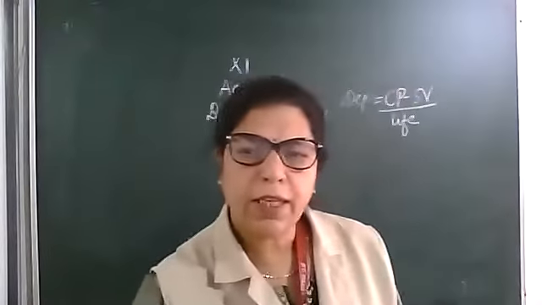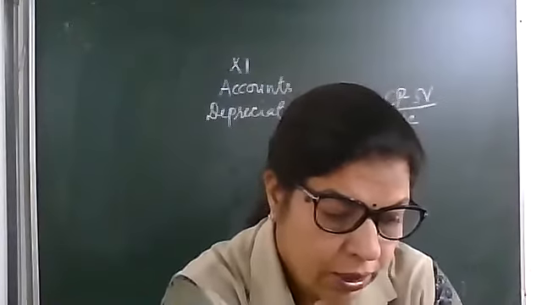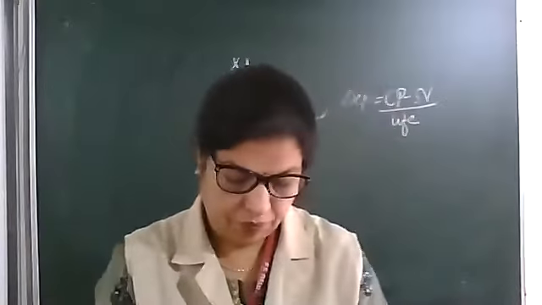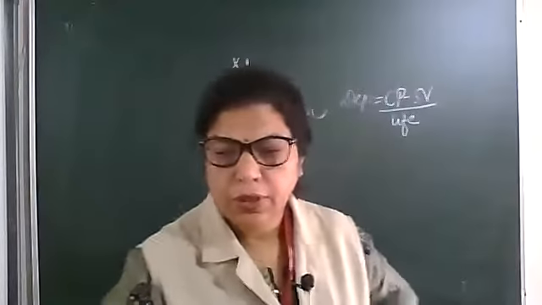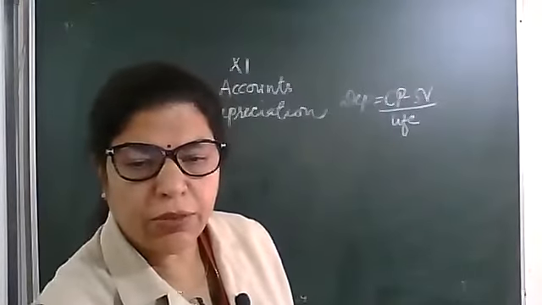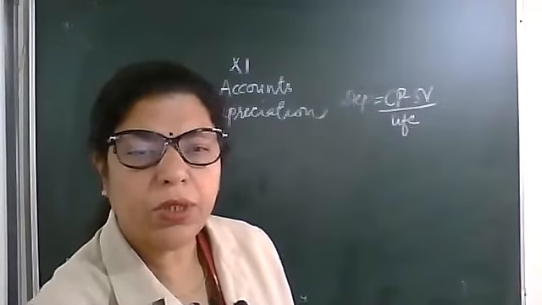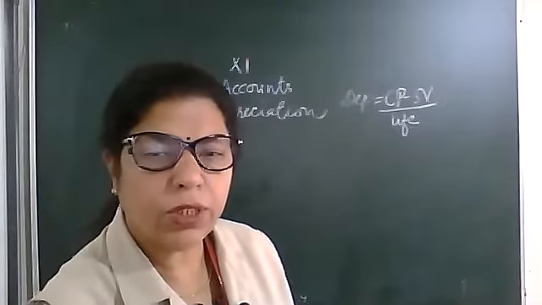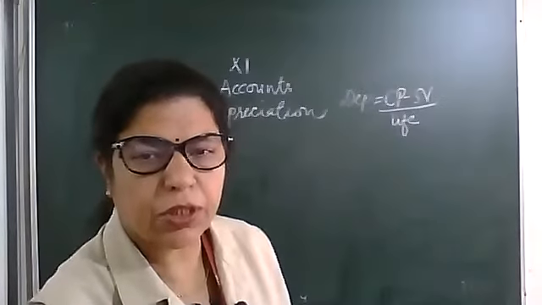Cost price minus scrap value upon life. So you should note down the question, then I will be able to explain to you. Yes, please note down the question, then we will discuss this type of question.